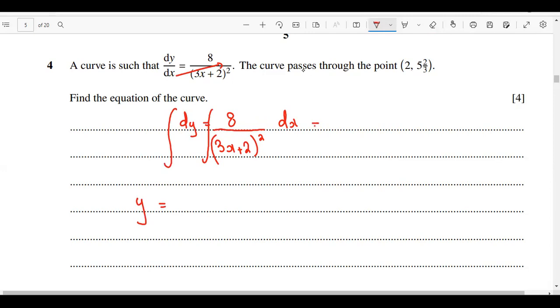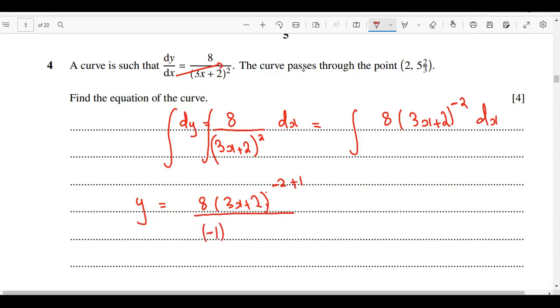So I can rewrite this integral as 8 into 3x plus 2 power minus 2 dx. Now we add 1 to the old power. It is 8, 3x plus 2 power minus 2. So I am going to add 1 to the old power. Now it becomes minus 1. I will divide it by new power minus 1 and I will divide it by the derivative of this thing.